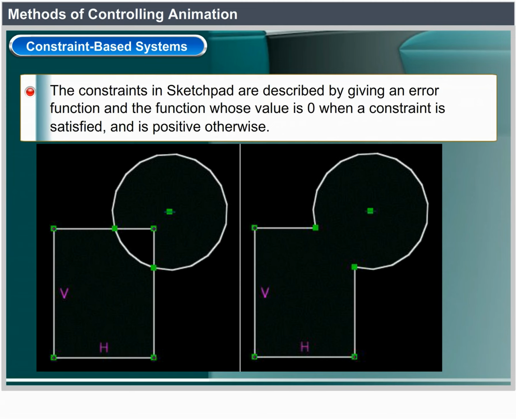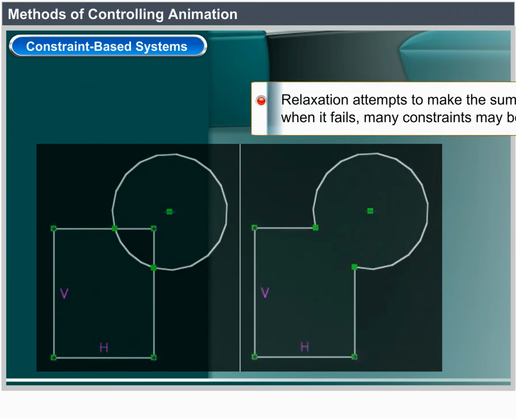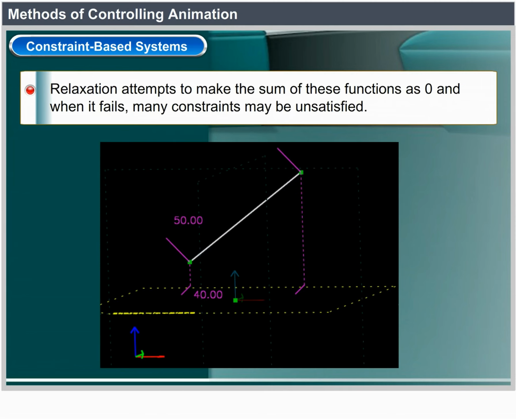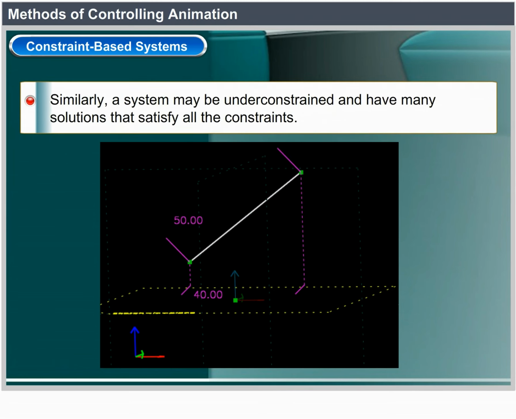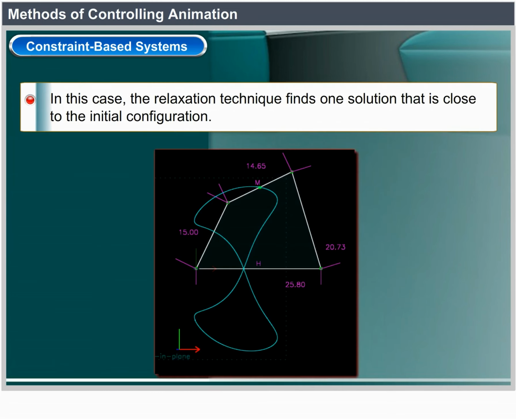The constraints in Sketchpad are described by giving an error function, a function whose value is 0 when a constraint is satisfied and is positive otherwise. Relaxation attempts to make the sum of these functions 0. When it fails, many constraints may be unsatisfied. Similarly, a system may be under-constrained and have many solutions that satisfy all the constraints. In this case, the relaxation technique finds one solution that is close to the initial configuration.